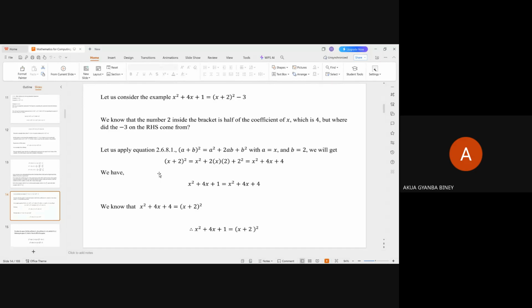So let's get into that. Now we have, repeat this again, a plus b all squared is equal to a squared plus 2ab plus b squared, with a equal to x and b equal to 2. Yeah, so we'll get this.